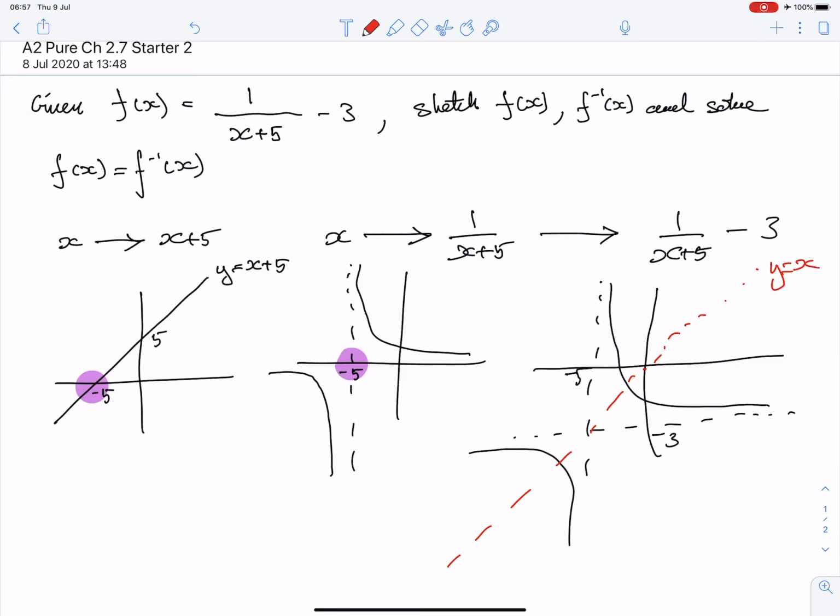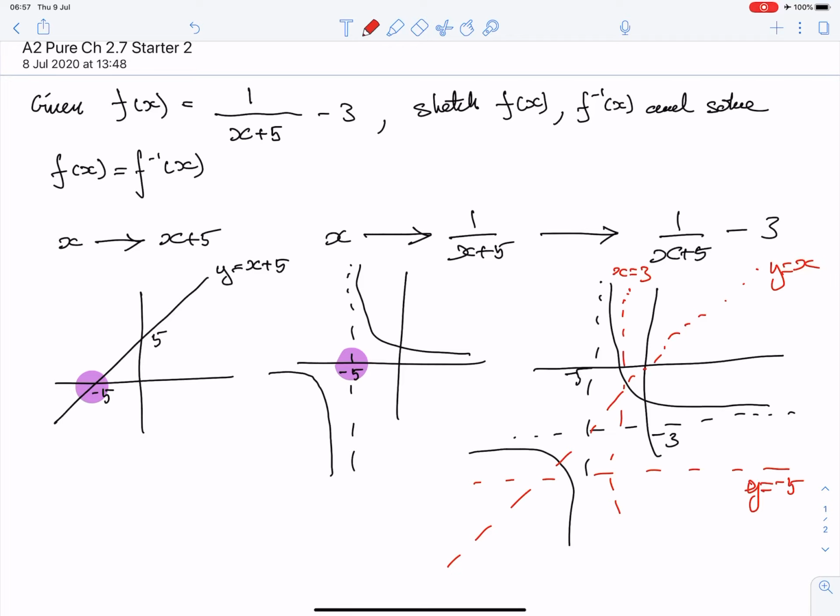So the asymptote that was at minus 3 is now going to be a vertical one at x equals negative 3, and we're going to have a horizontal one at y equals negative 5.